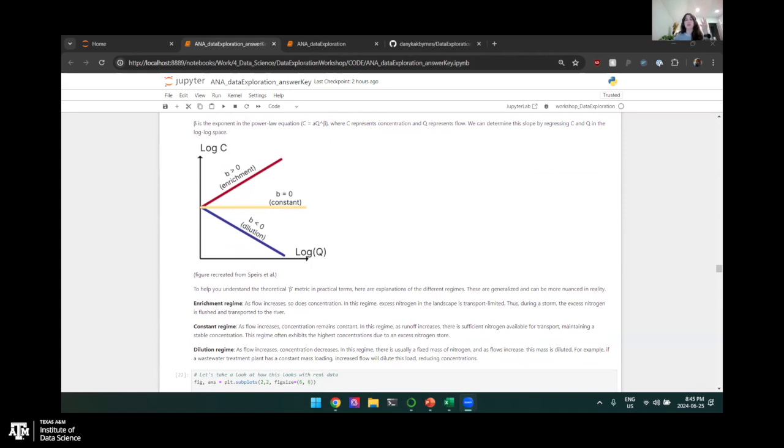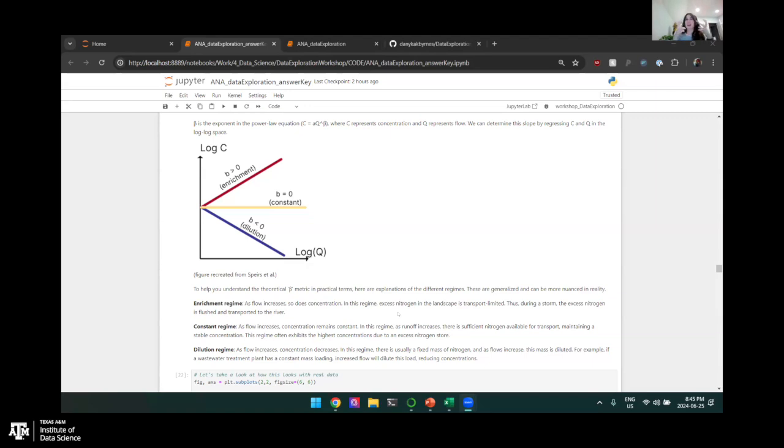It's the enrichment regime. If we have a slope that's greater than 0, it's called enrichment. This is where, as flow increases, so does concentration. In this case, you can think of there being excess nitrogen in the landscape, and it's transport limited.